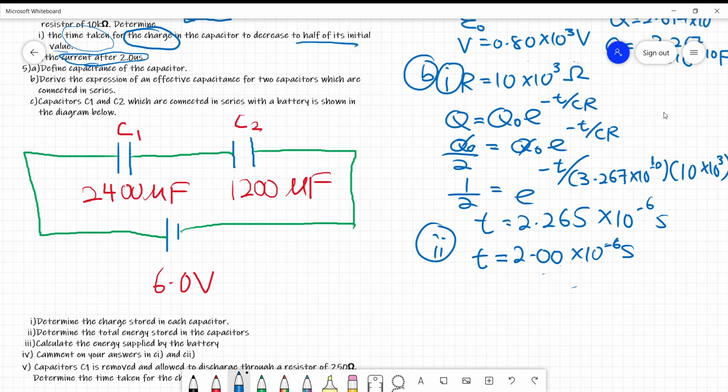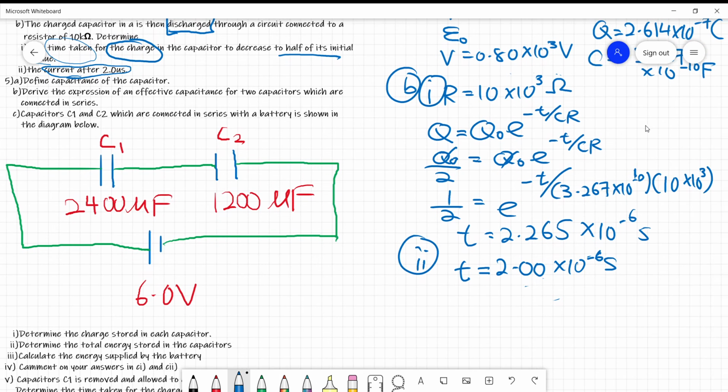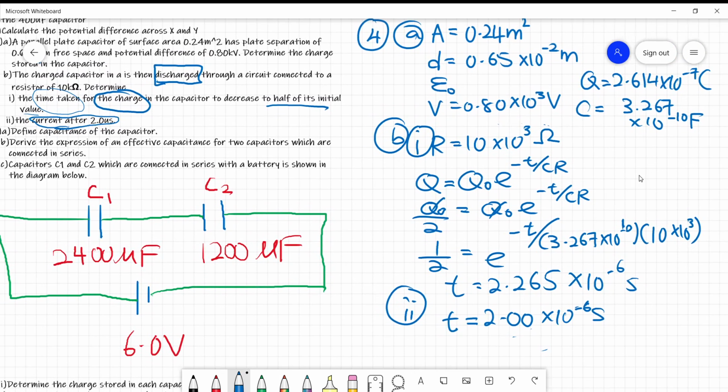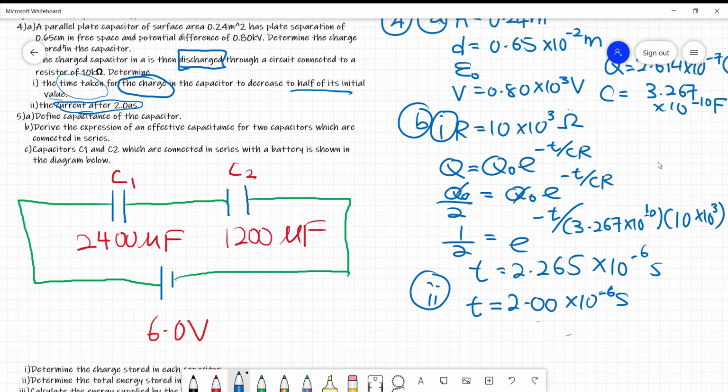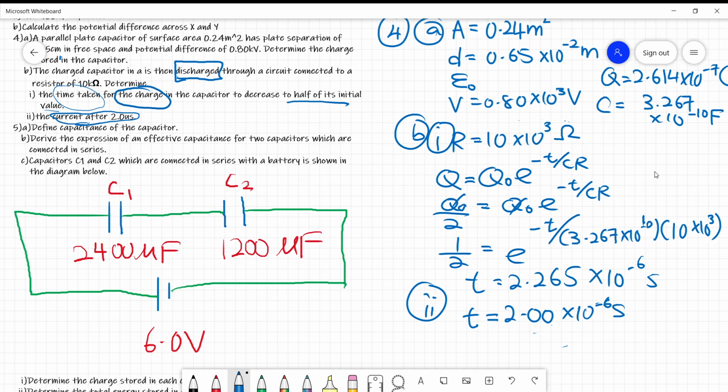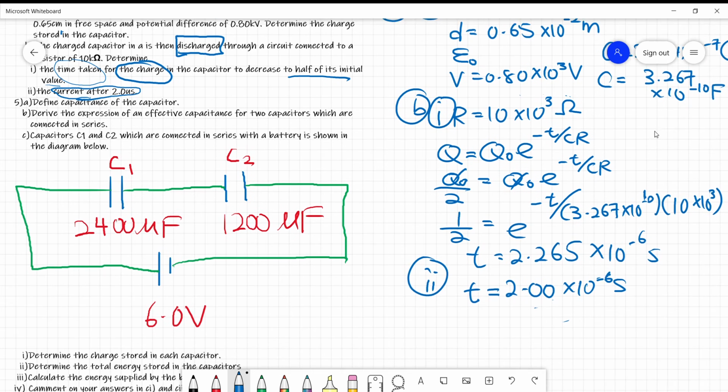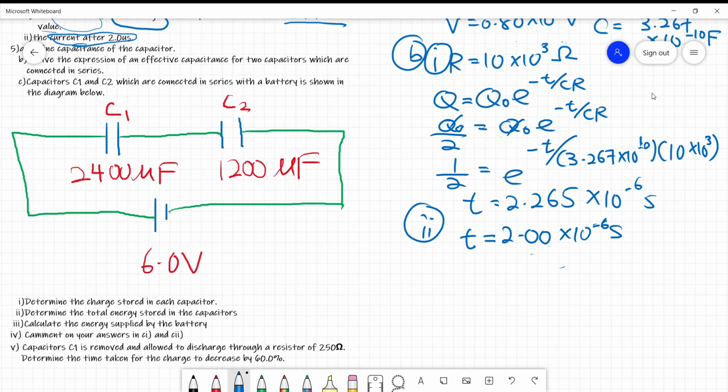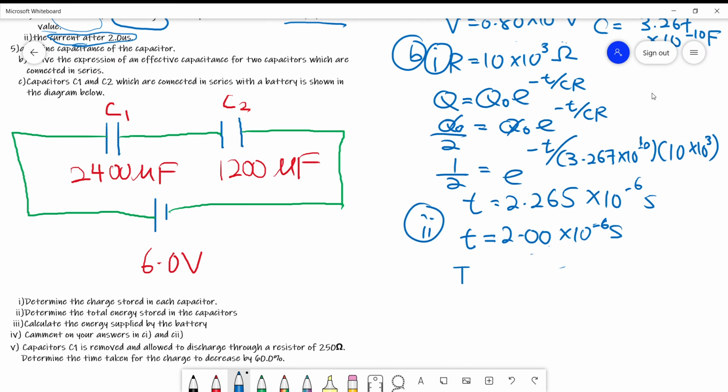I do not have my charge after the 2 microseconds, and I do not have my I naught as well, so E negative T over CR is not applicable actually.